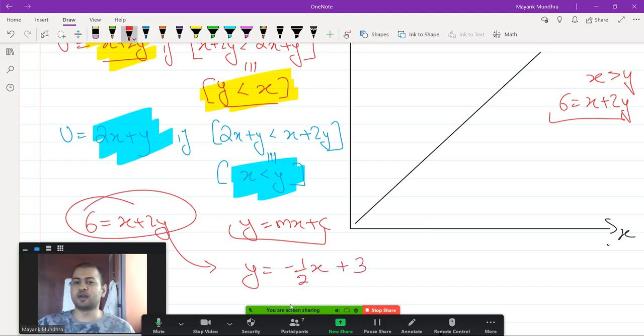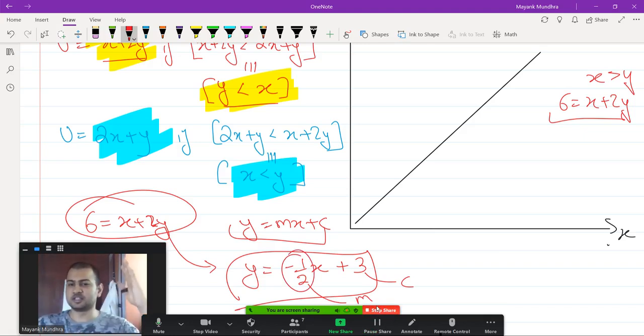I'm taking y on one side and everything else on the other side. So the slope is minus half and the intercept is 3. I am mostly interested in the slope part, because I know the intercept will change depending on the utility value. So here the slope will be minus half.